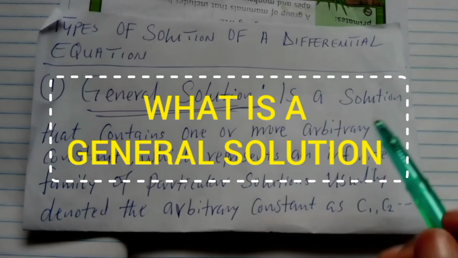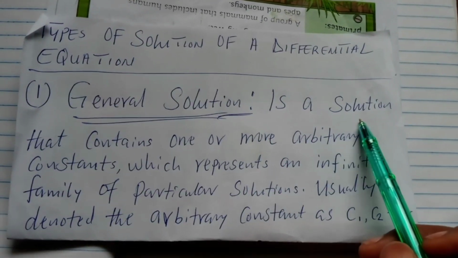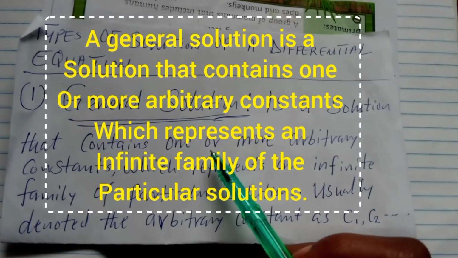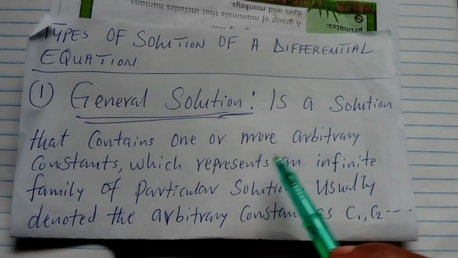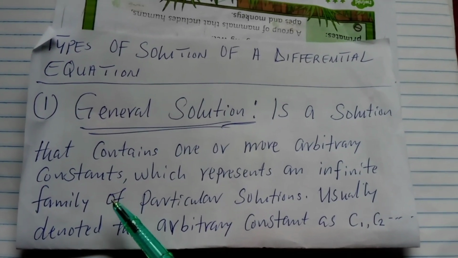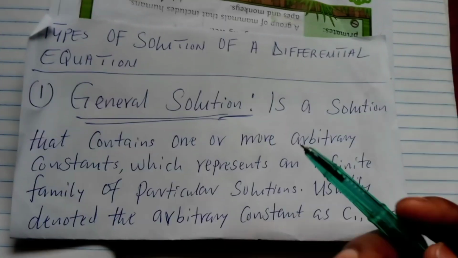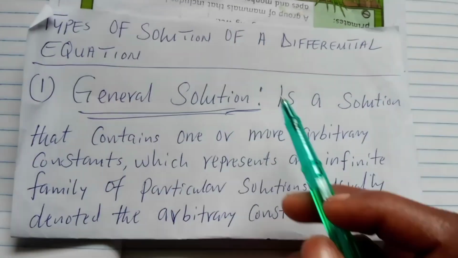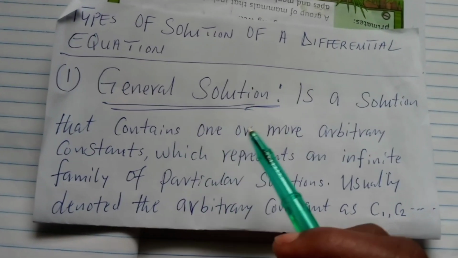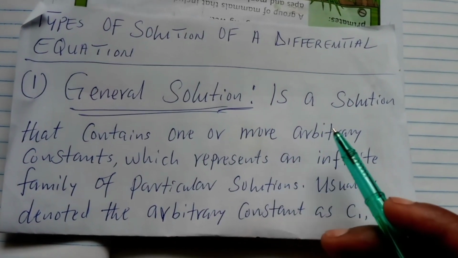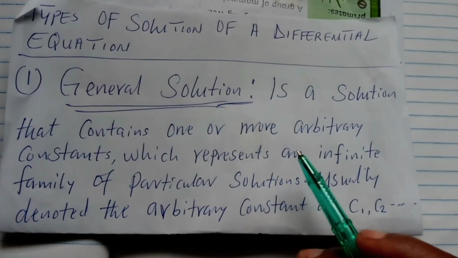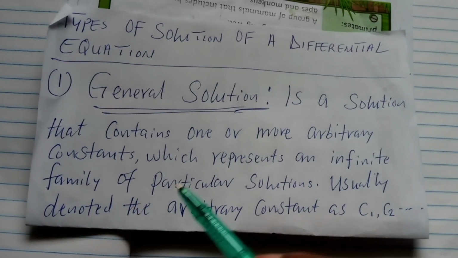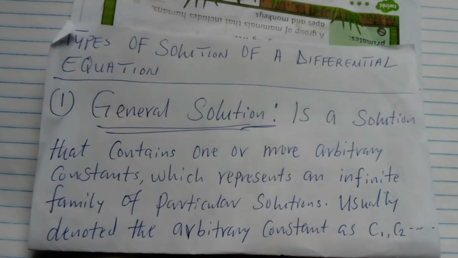A general solution is a solution that contains one or more arbitrary constants. That arbitrary constant is C. You can see C1, C2, or C3 based on how many constants we have in the equation. So a general solution is a solution that contains one or more arbitrary constants which represent an infinite family of particular solutions.